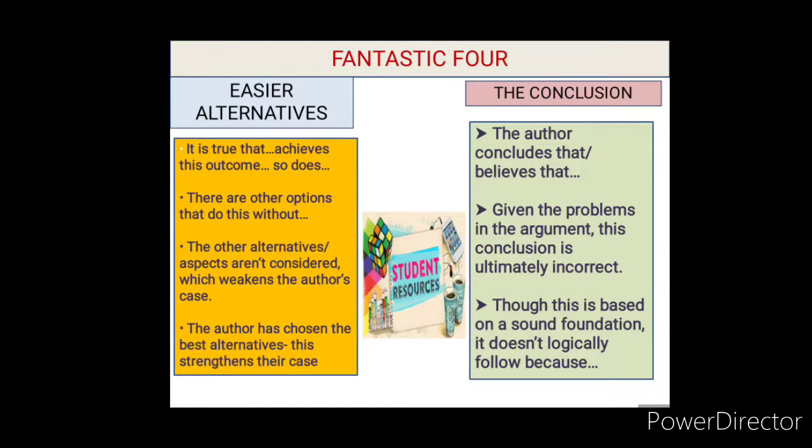So these are the suggestive phrases which you all can keep in mind while writing an analytical paragraph. Right? This will definitely help you in writing in a better way. So I repeat, the premise, factual errors, omissions, easier alternatives, and the conclusion.